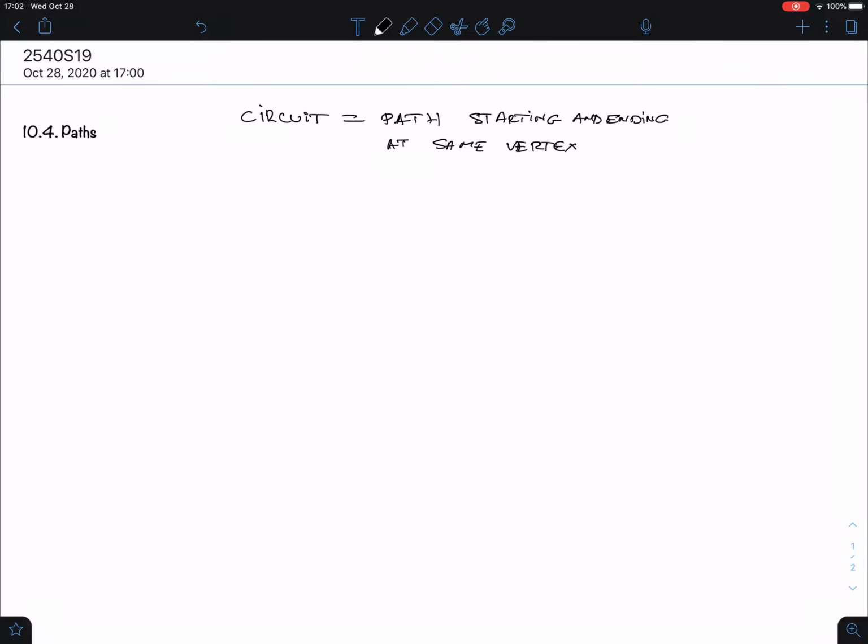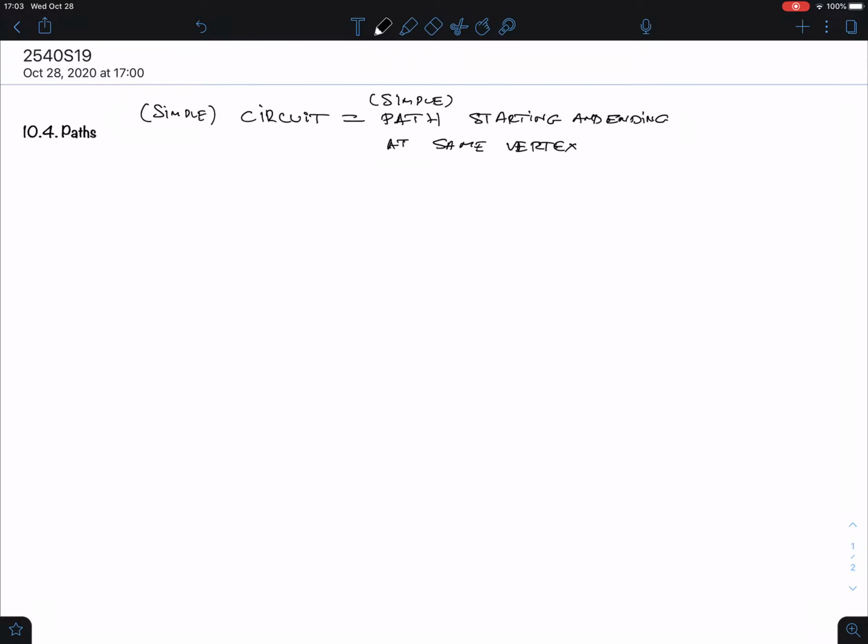And we deal only here with simple circuits, and then we mean a simple path. Remember, first of all, we work normally in a simple graph, although not always, so a graph with no multiple edges and no loops.